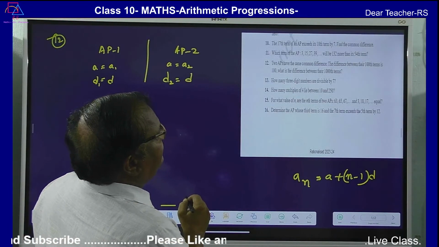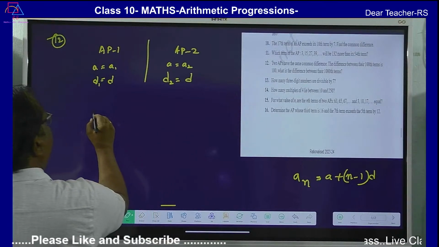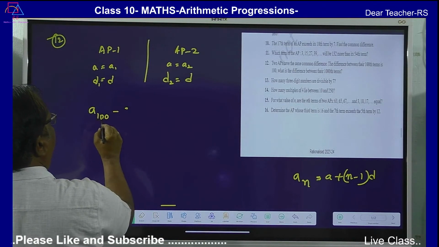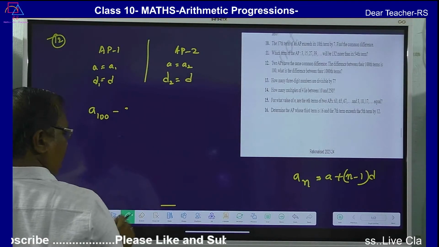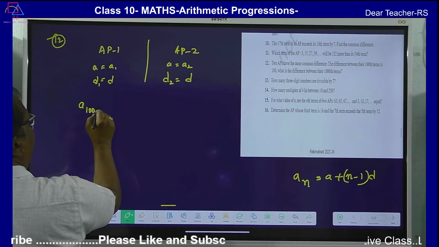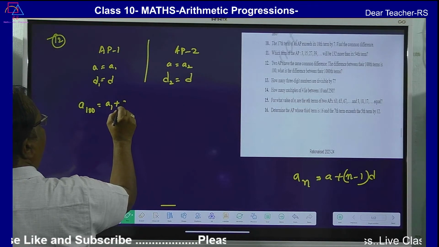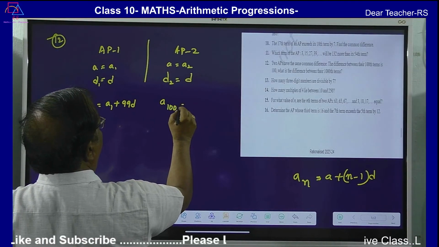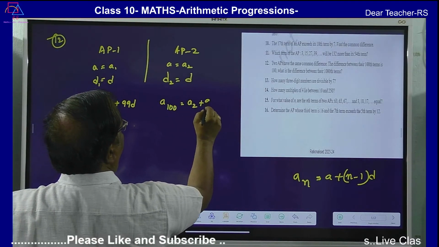The difference between the 100th terms: A100 is equal to A1 plus 99D, and here A100 is equal to A2 plus 99D.